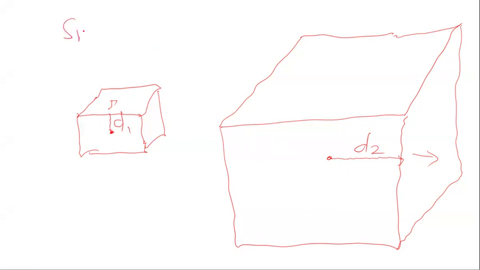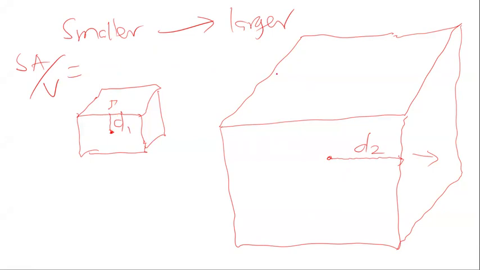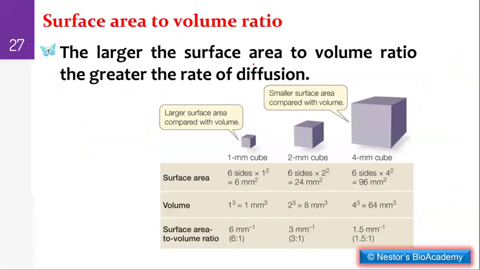Now, when you move from smaller to larger, usually the surface area to volume ratio decreases. And that is further illustrated by this. Considering this cube measuring 1 millimeter each side, the surface area to volume ratio is 6 to 1. When it measures 2 millimeters, the surface area to volume ratio is 3 to 1. And when each side is measuring 4 millimeters, you can see the surface area to volume ratio coming down to 1.5 to 1.